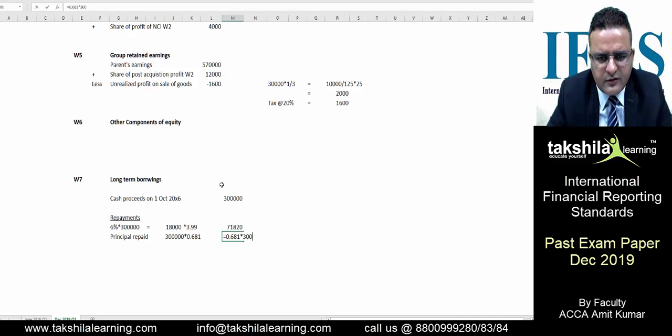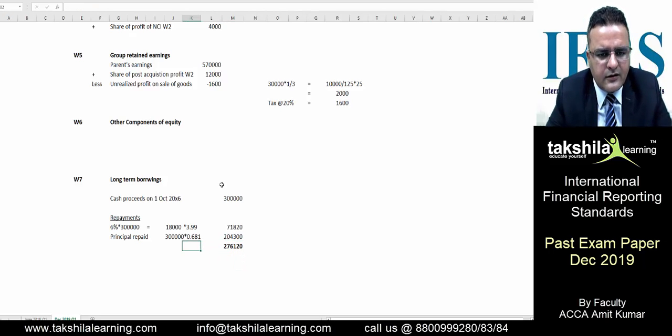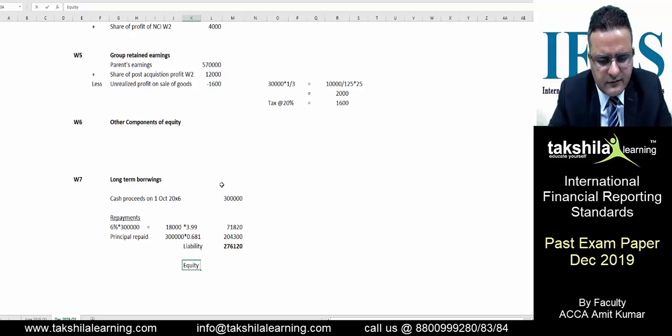0.681 into 300,000. The total of these two amounts is the liability in today's terms. This is the liability to be recognized as part of the balance sheet. So that means the equity portion is the difference. 300,000 minus 276,120 is the equity portion.